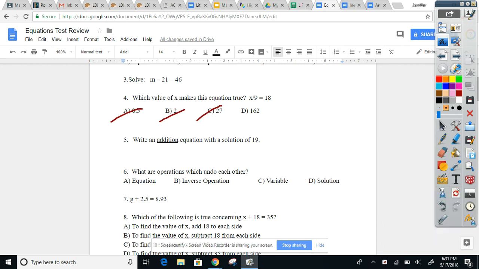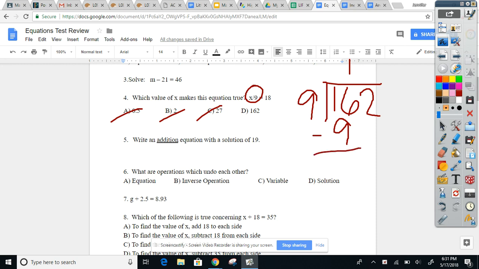So that leaves us with D. Okay, I'm plugging it in. Remember, the fraction bar right here means to divide. So I'm going to divide by 9. 9 goes into 16 one time. 9, I'm going to subtract. 16 minus 9. So that'll be, what do you think? Okay, 7. And then 9 times what is 72?